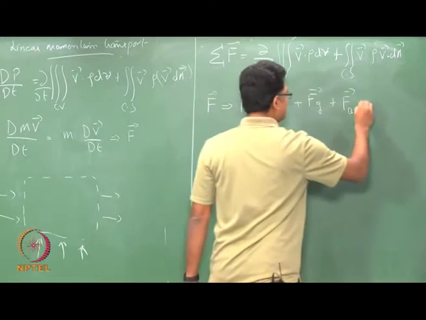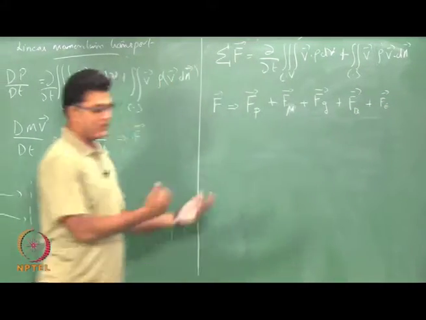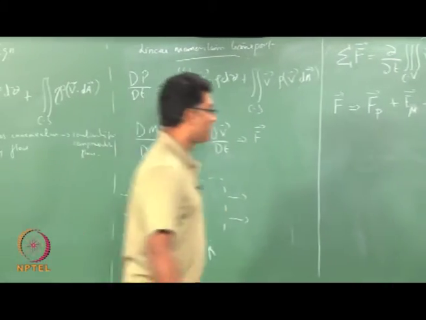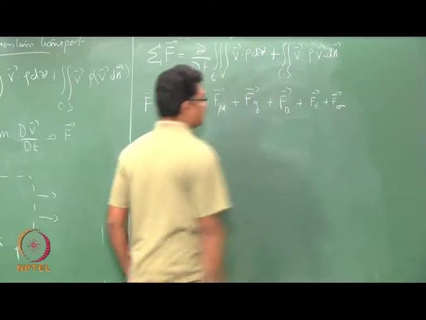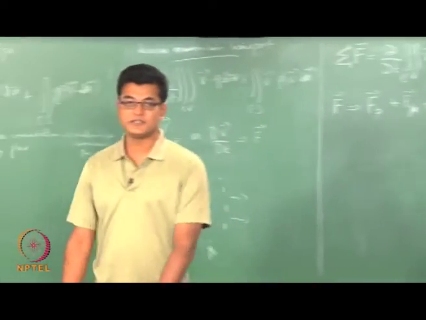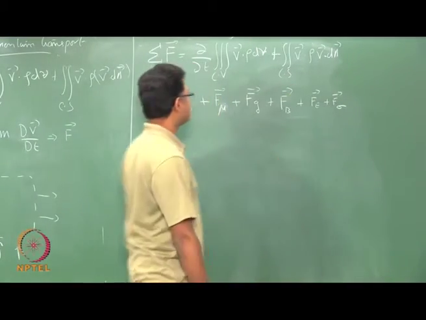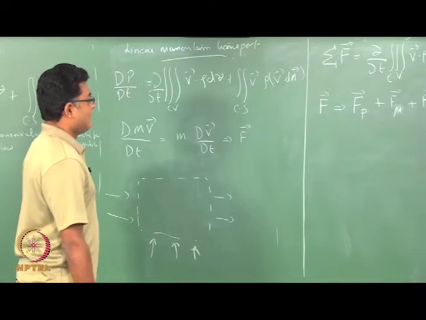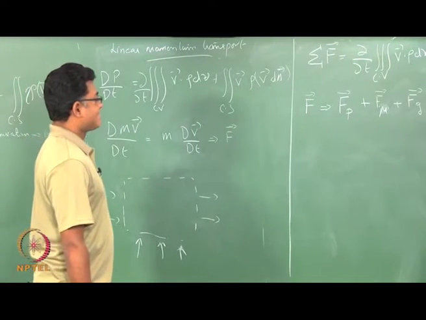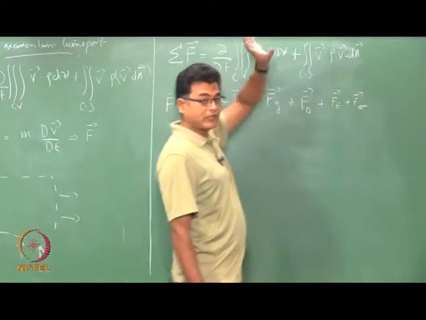This can be forces due to say electric field or any such thing. You can also have surface tension force. All sort of forces when you add should balance this equation. Okay, so you have an unsteady part and you have a convective part.